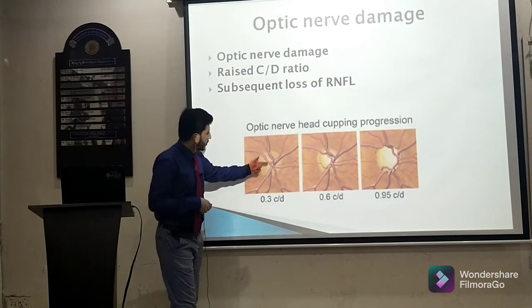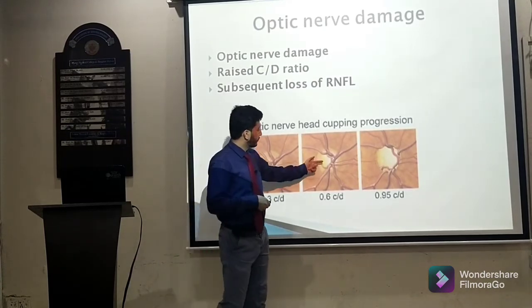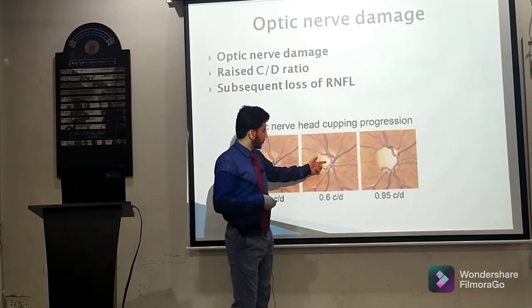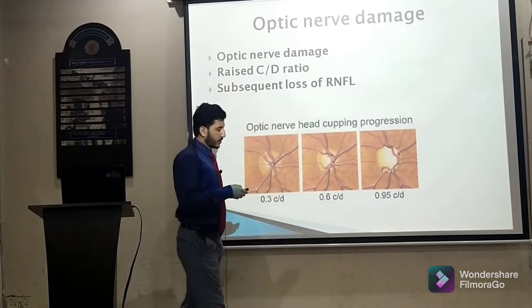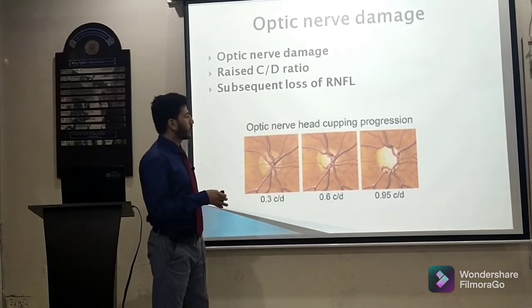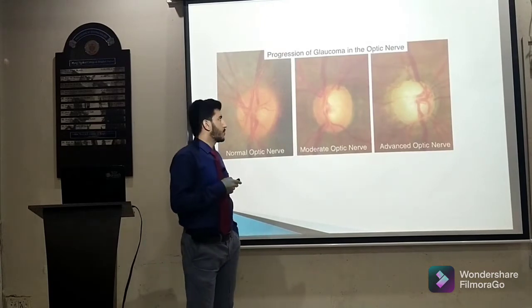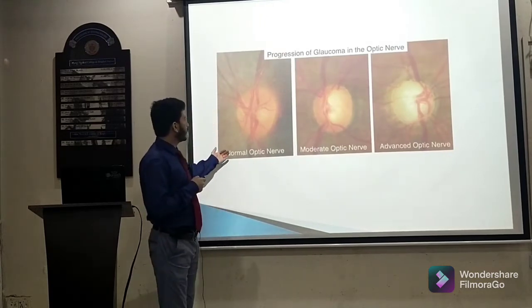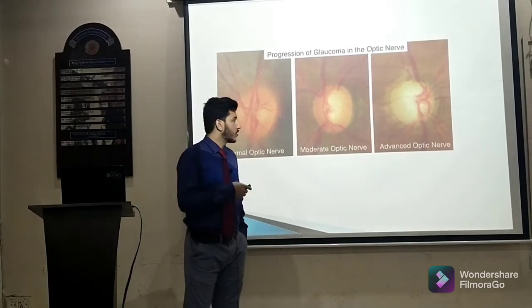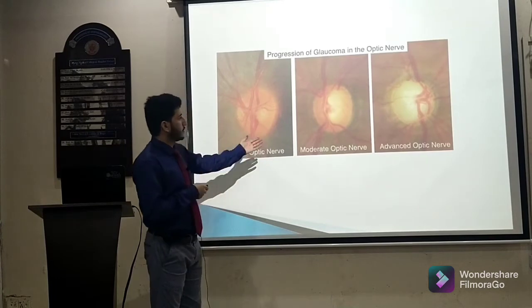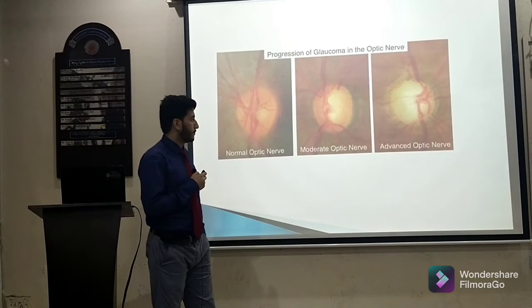This is the optic disc, this is the cup, the white area in the center. This is 0.6 cup disc ratio, and this is 0.9 cup disc ratio. It means glaucoma is a progressive disease. There is also progression in the optic nerve: normal optic nerve, moderate, and advanced optic neuropathy, in which the cup disc ratio is about 1.